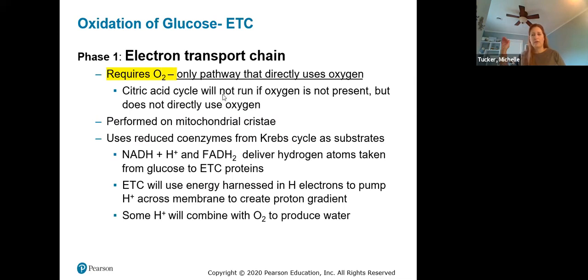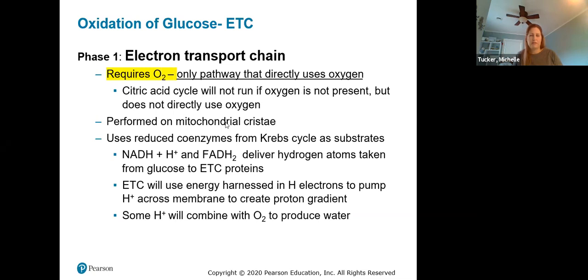So while this has to keep moving for Krebs to keep moving, and obviously if this part isn't moving, phase 2 isn't moving, it's the only one that directly uses oxygen atoms. The citric acid cycle will not run if oxygen is not present, but does not directly use oxygen.